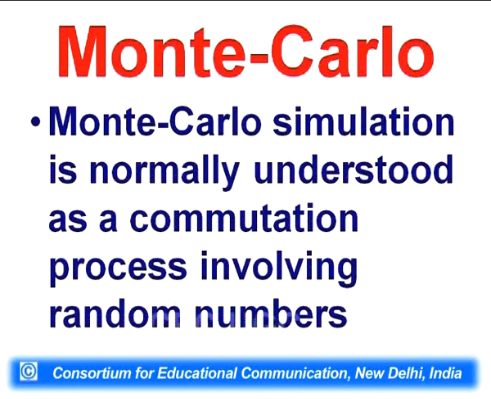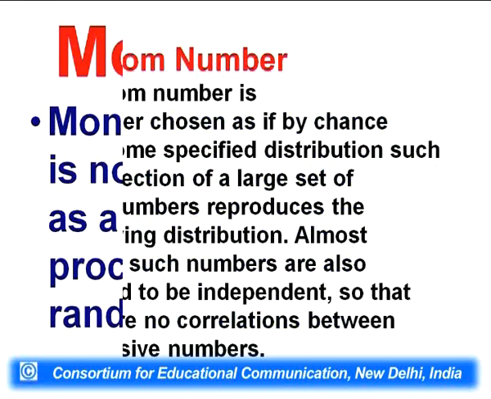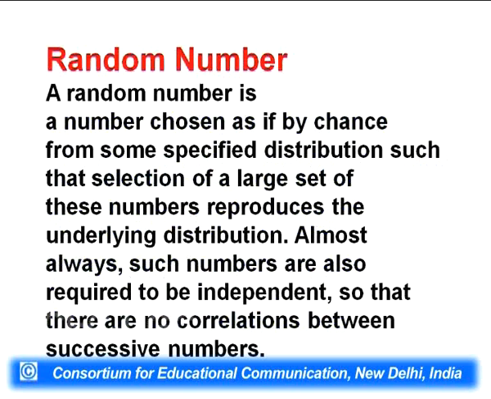Monte Carlo simulation is normally understood as a computational process involving random numbers. What are these numbers? How are these obtained? We'll see it right now. Random number.